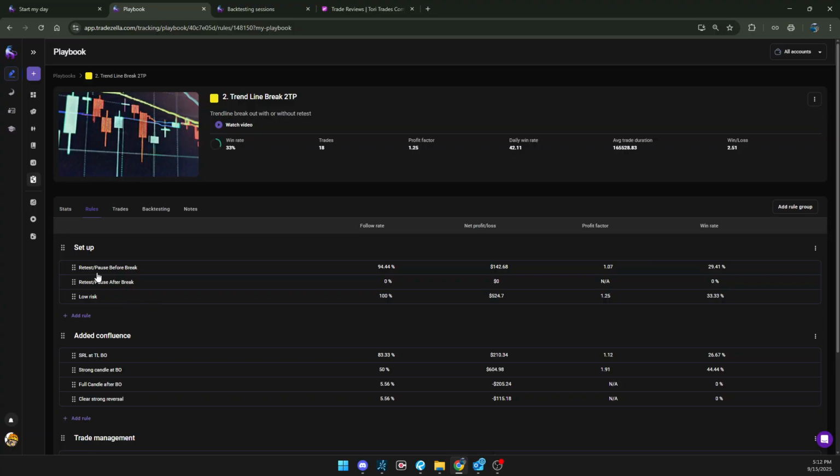So I have retest or pause before breakout, or retest, pause after break, and low risk. This is my setup. I know exactly what this means. It means I've got a clear, defined reversal happening to make that breakout. So that's where that's coming from for setup.